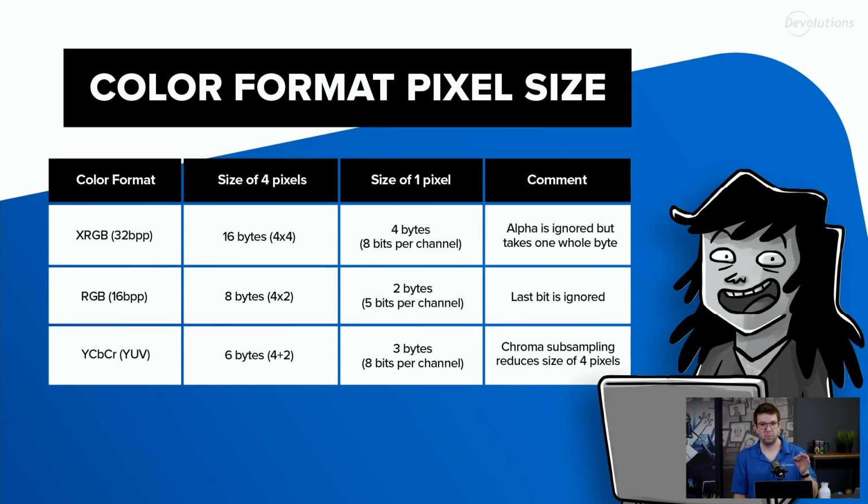Here is a bit more of a detailed explanation about why you would like to go for YUV. And it only makes sense when you think about it in terms of grouping of pixels. If we think about individual pixels, there isn't that much of a difference between RGB and YUV. But when you go with YUV, it's often combined with chroma subsampling. So you take a group of 4 pixels together, and then you keep just an average of the color information for that entire group of 4 pixels.